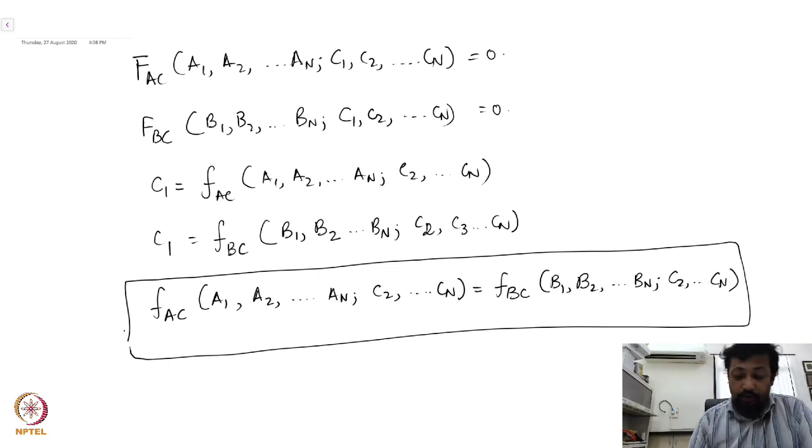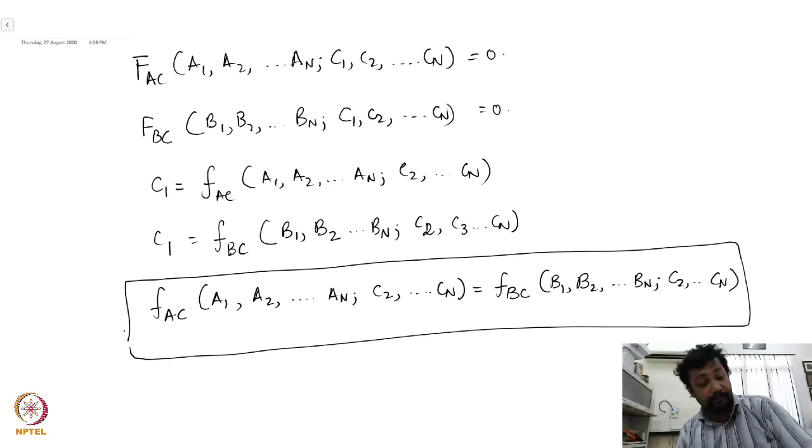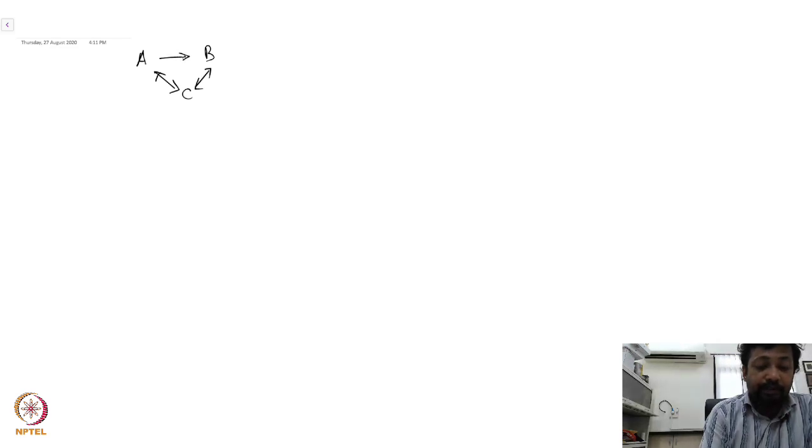Everything is fine with this, but now comes the zeroth law. The zeroth law also says that if A and C are in equilibrium and if B and C are in equilibrium, that necessarily means A and B are also in equilibrium.